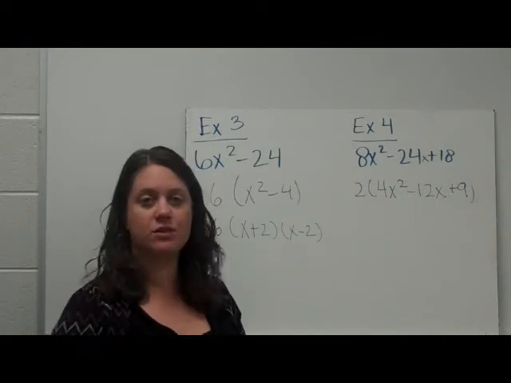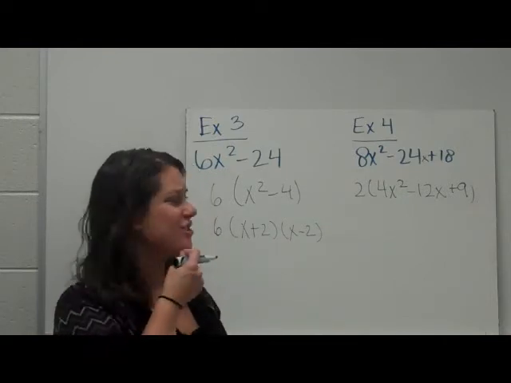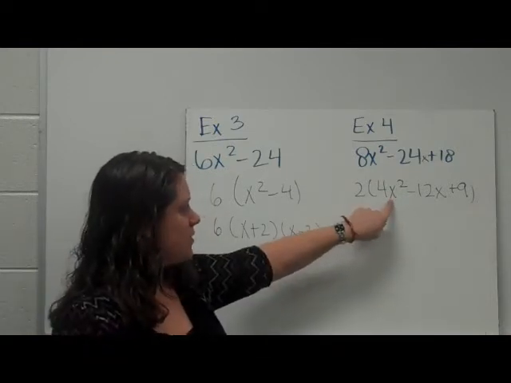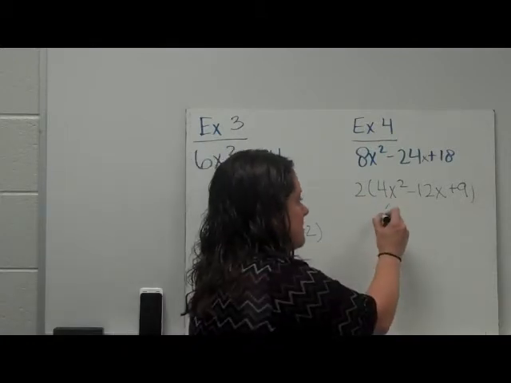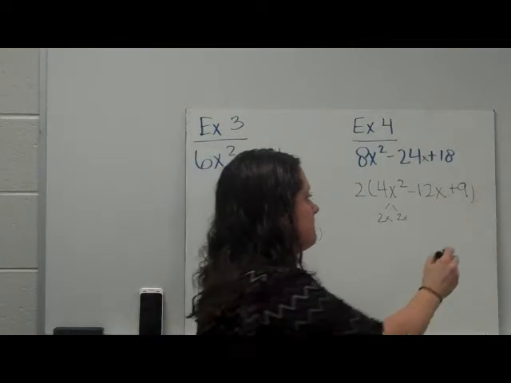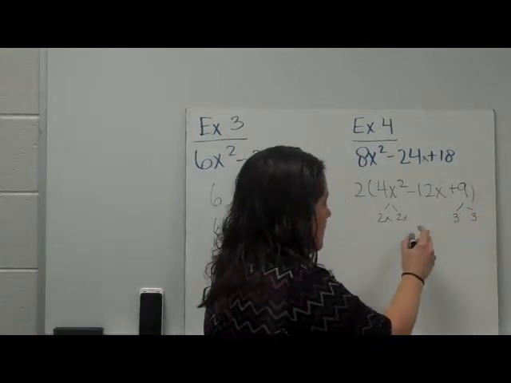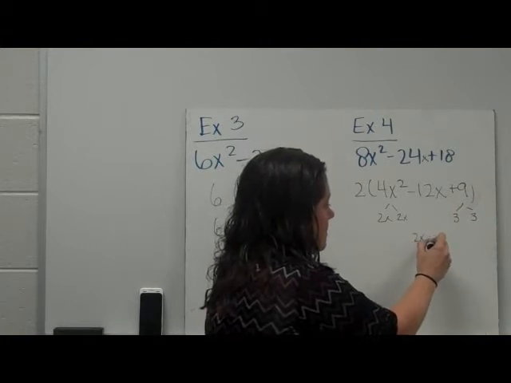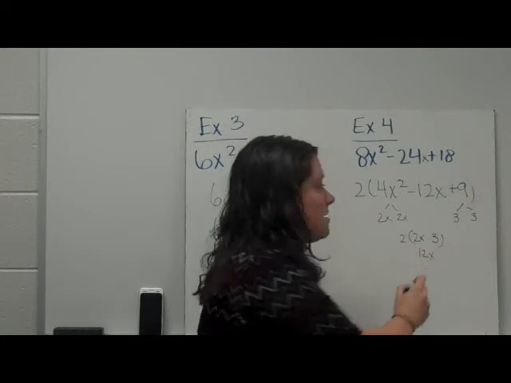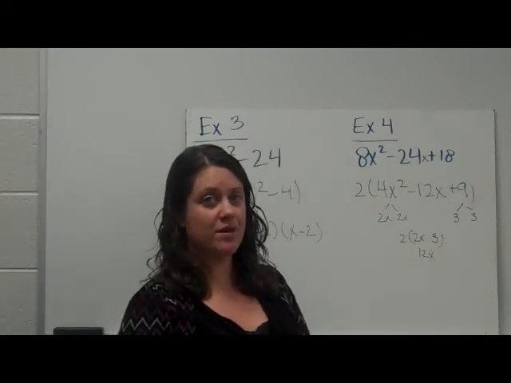Yes. Is it a perfect square trinomial? I don't know. Well, that's a perfect square, 2x and 2x. This is a perfect square, 3 and 3. The middle term is 12x. It is a perfect square trinomial.